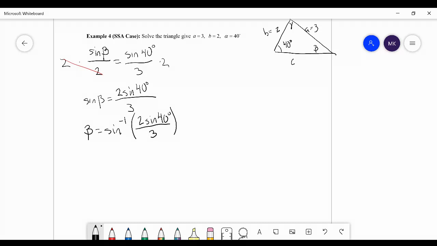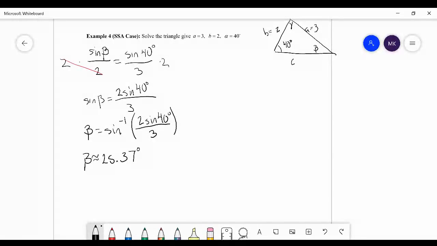We need to be in degree mode, so make sure that you guys are there. Inverse sine of 2 sine of 40 degrees over 3, and we get that beta is approximately 25.37 degrees.